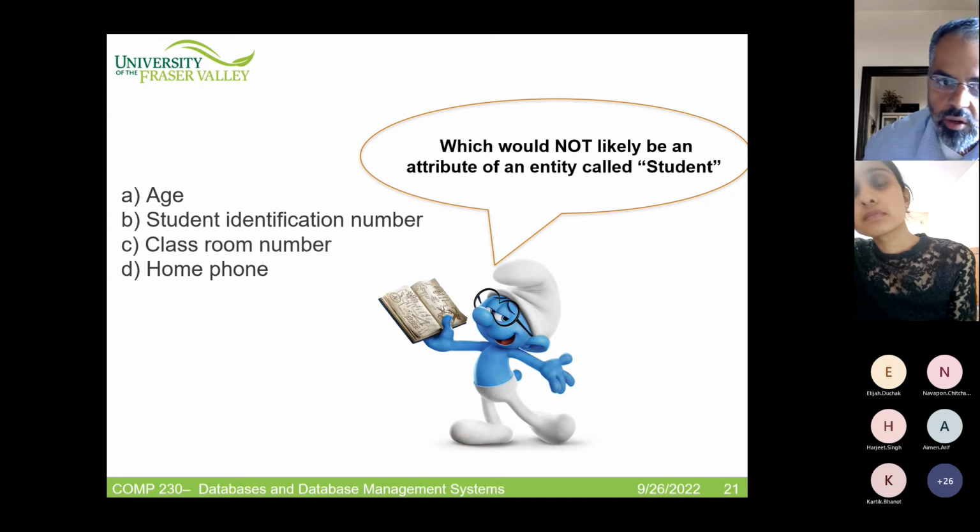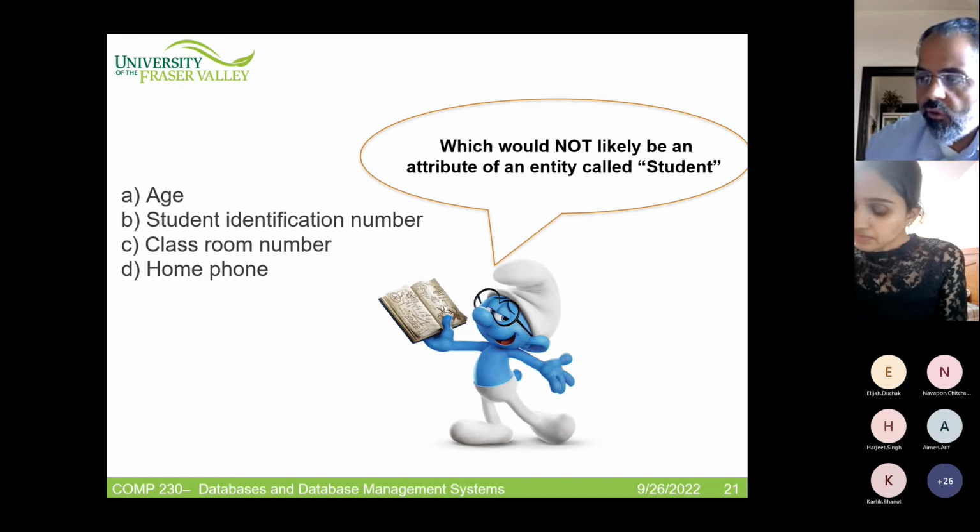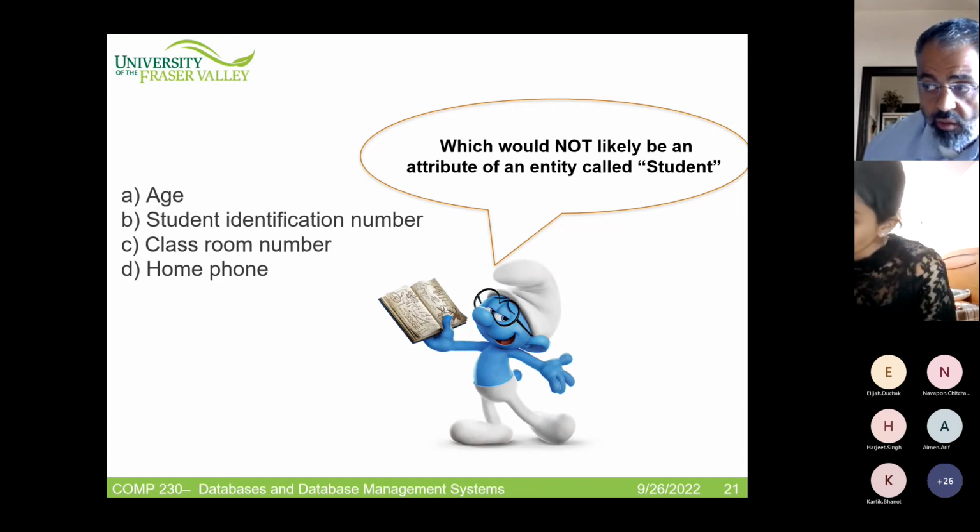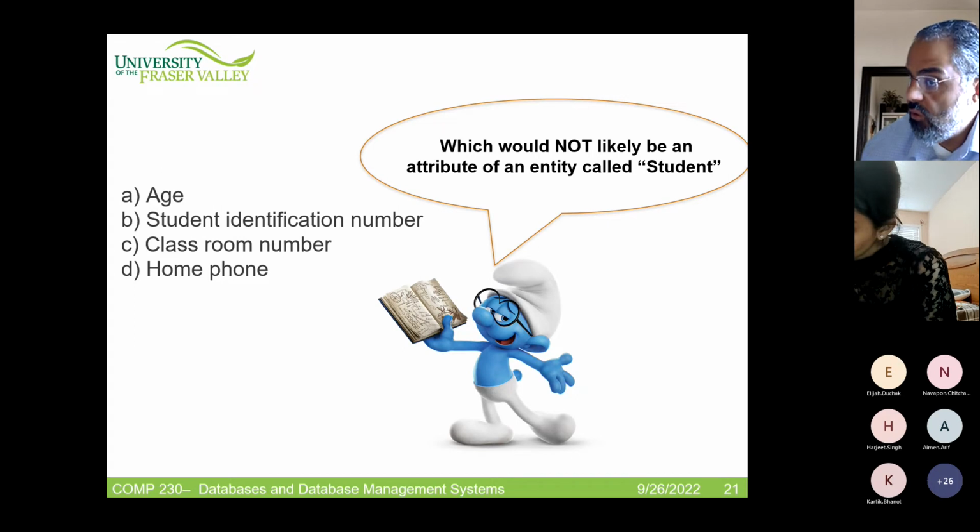So I will create an entity, I name it class, and then I add a class roll number and whether the class is online or in person. Because this attribute is not describing the student, as Ivan has already said, it should not be part of the student entity.